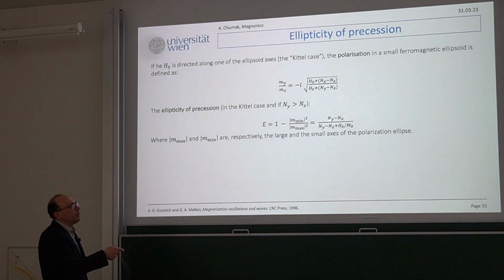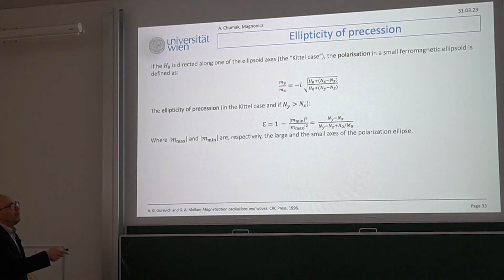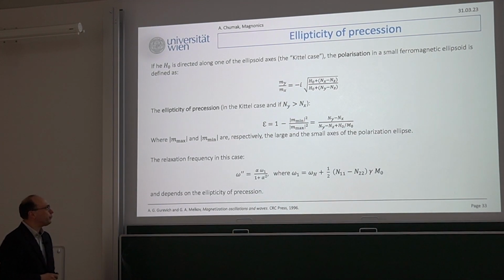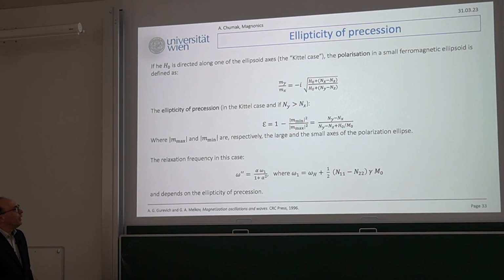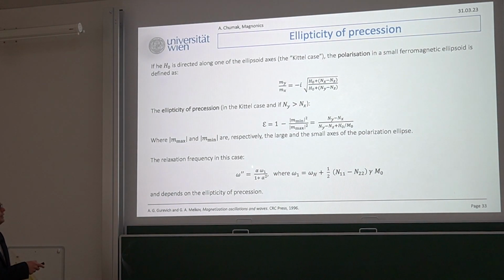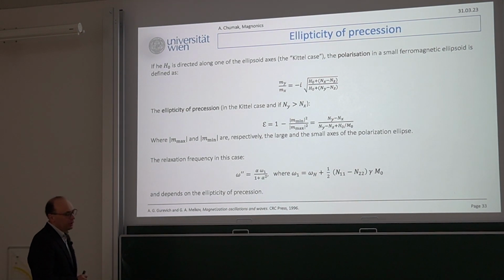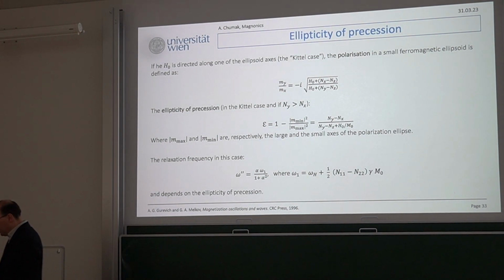And again, you can define it just directly from the Kittel formula without going further, with Nx, Ny and Nz. So there are all the demagnetizing factors staying in there. And why is it important? Because it also changes damping. If you do all the routine we did, you can show that the imaginary part of your frequency, which is your relaxation frequency, in the past was simply alpha omega 0, with this term alpha squared, which we discussed briefly, but pretty often it can be ignored.